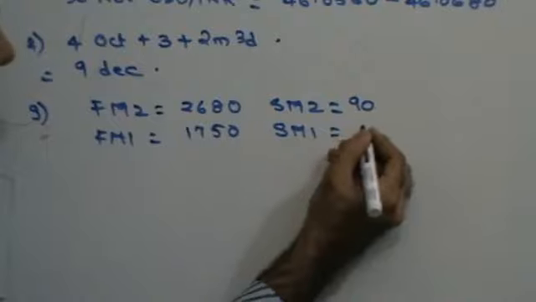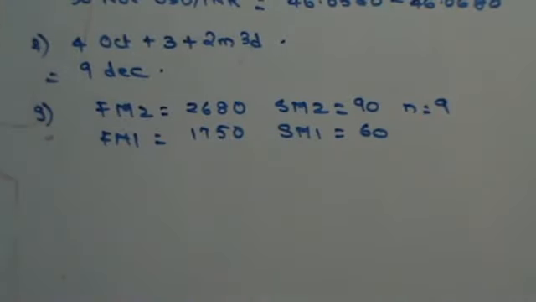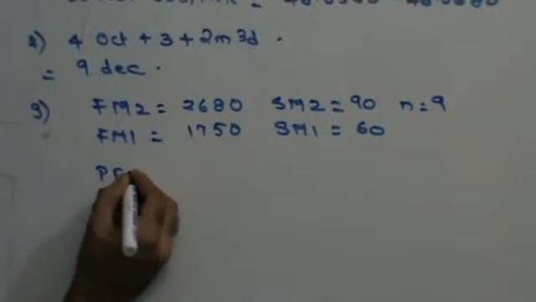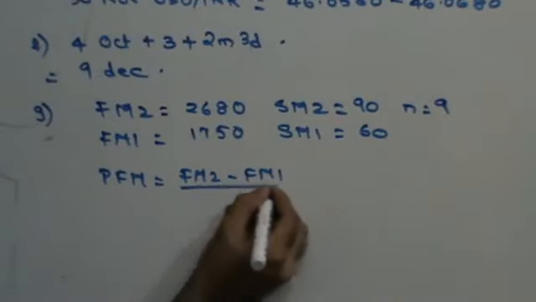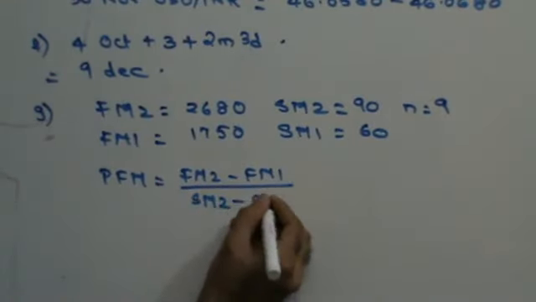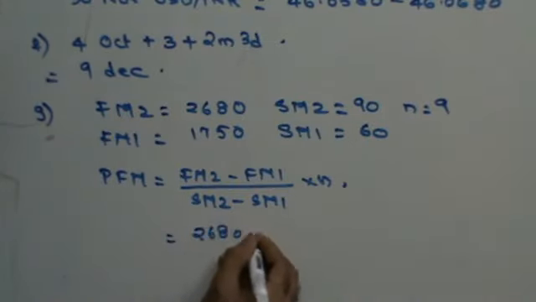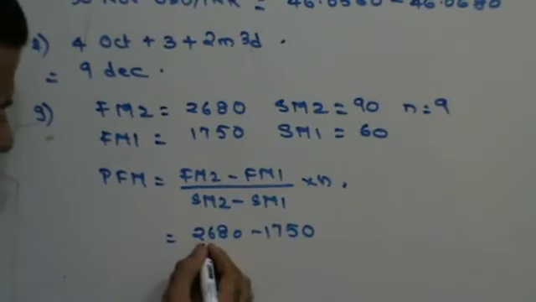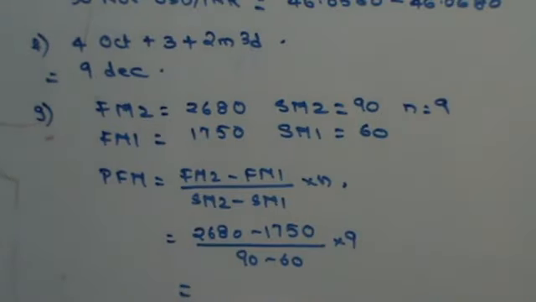Standard maturity of first period is going to be 2 months, that is 60 days. And after 30th November, I need 9 days more. So N is going to be 9. So my proportional forward margin is going to be (FM2 minus FM1) upon (SM2 minus SM1) into N. So that is going to be 2680 minus 1750 upon 90 minus 60 into 9. When you solve this, this comes to 270. So my proportional forward margin is 270.